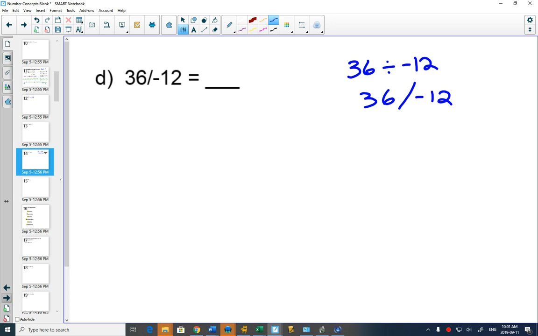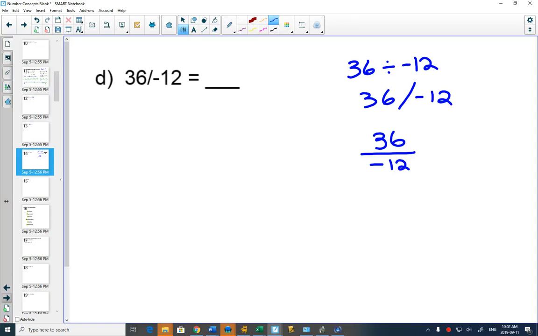It's another symbol for dividing. Sometimes they show dividing like this. When it's written as a fraction, that also means dividing. 36/12, that's how you would say that as a fraction, means 36 divided by 12, or negative 12 in this case. So these are the different ways that we can have dividing show up.